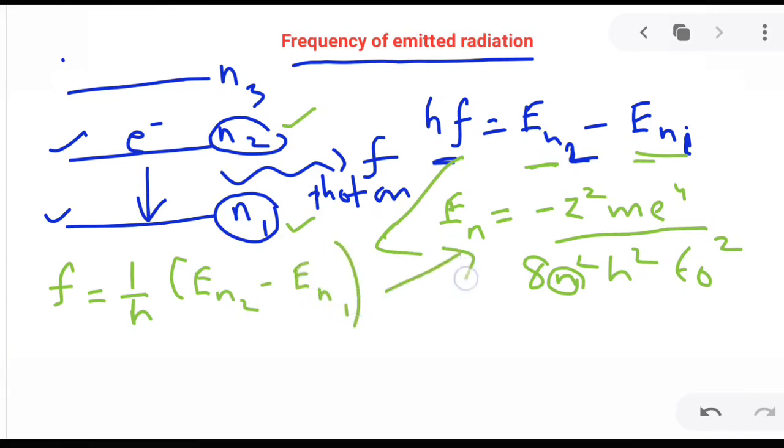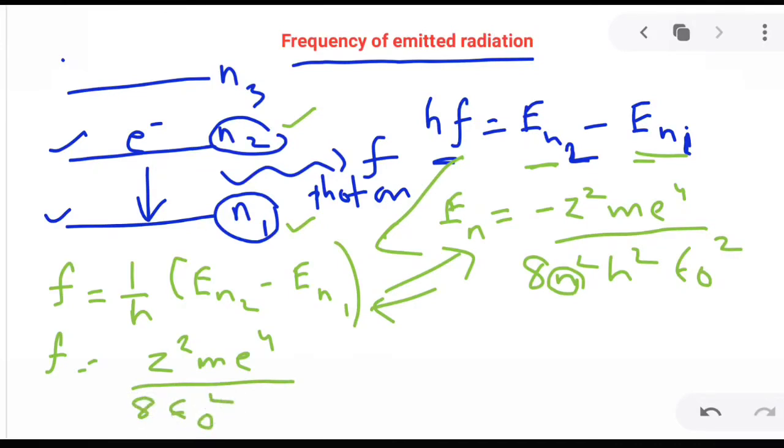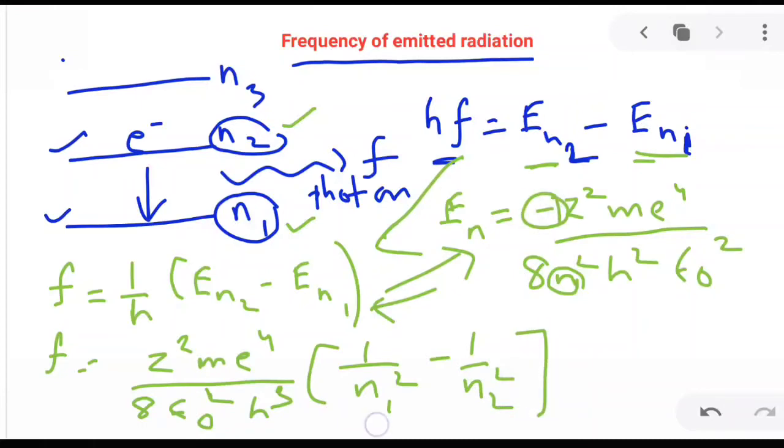Now if you make this substitution here, you will get the frequency as Z square m e^4 divided by 8 epsilon naught square h cube times (1 by n1 square minus 1 by n2 square). I have absorbed this minus sign, so this should be 1 by n1 square minus 1 by n2 square, because this is En2 minus En1.